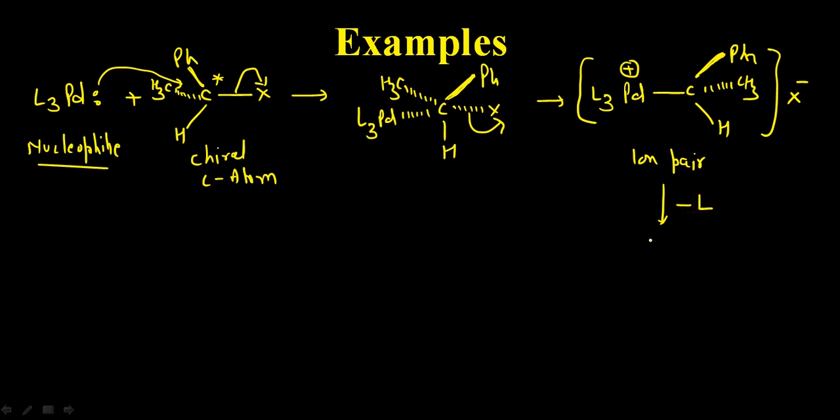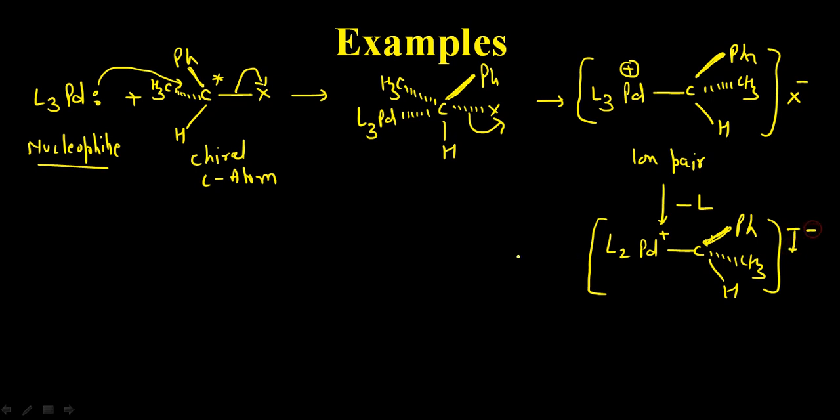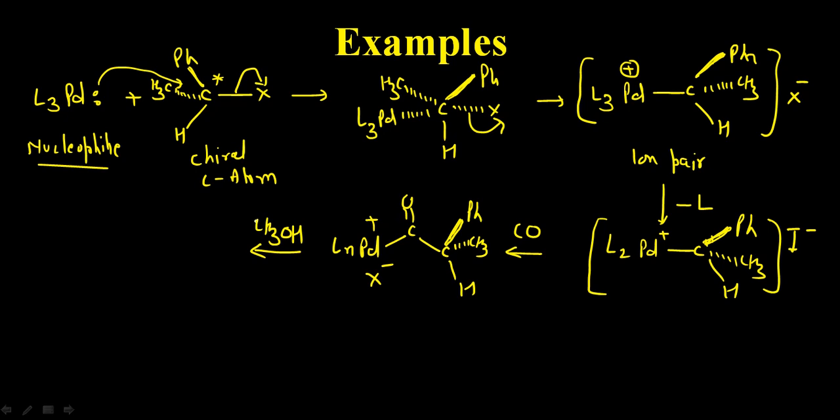After this, there is loss of one of the ligands which was already attached to the metal center, to give another L2Pd positive, with phenyl group, methyl, and H. This step is followed by carbonylation, and with the reaction with methanol, we get this compound.